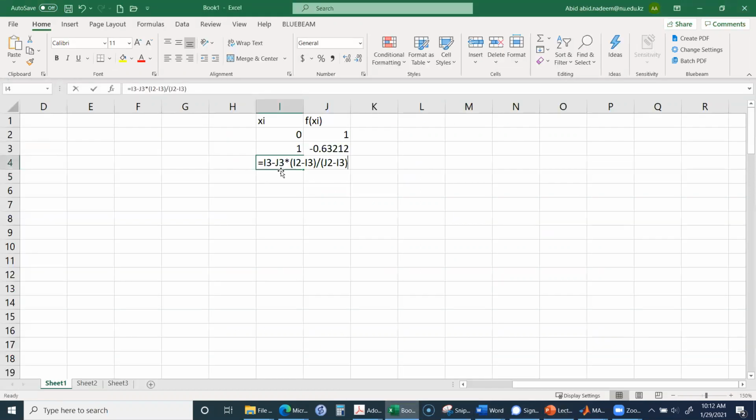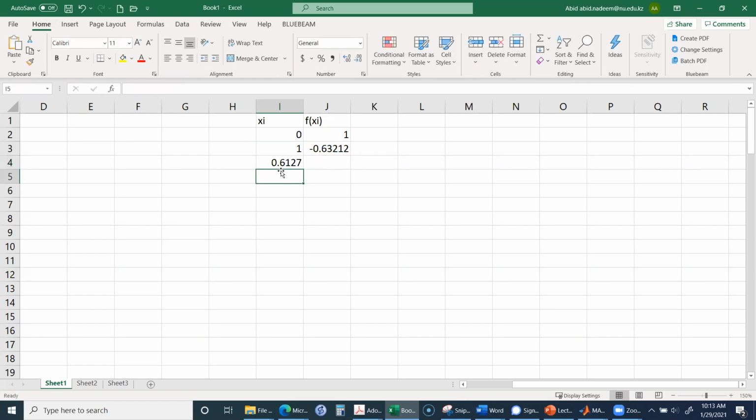Equal to this value, and minus the value of the function, the value of the function is here, times the x value minus the second value of x, bracket closed, divided by the value of the function at x0 minus the value of the function at here.